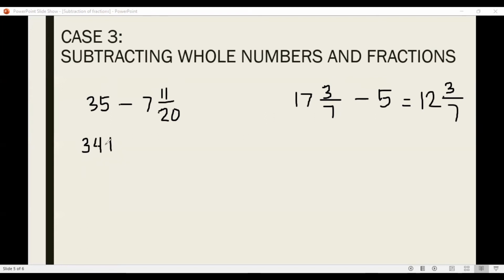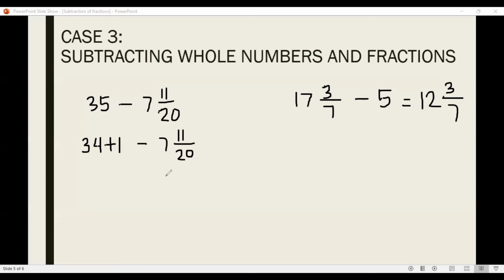But we need to rename this one in terms of another fraction again. So 7 and 11 over 20. So the one here will have to be renamed in such a way that it will be a fraction, which is equivalent to 1.